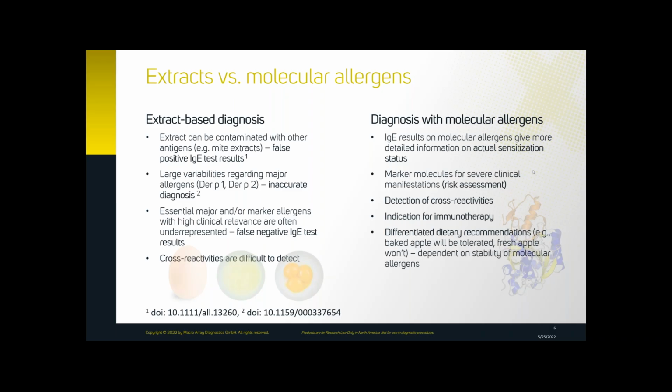You receive a complete resolution of cross-reactivities, and an appropriate immunotherapy can be chosen more easily. Also, the patient has an advantage as different dietary recommendations can be given. For example, the patient can be told if the baked apple will be tolerated or the fresh apple won't.